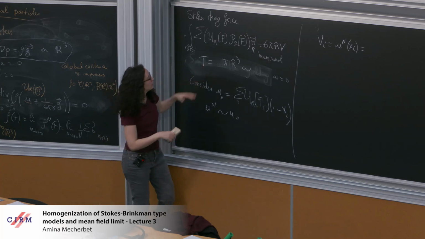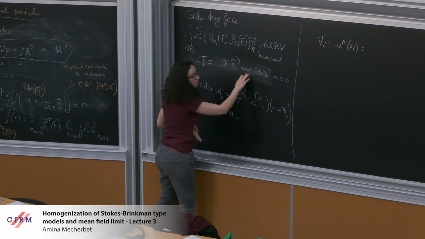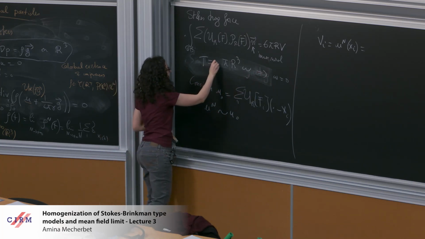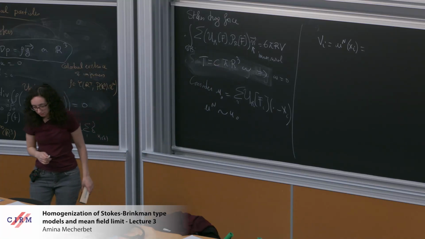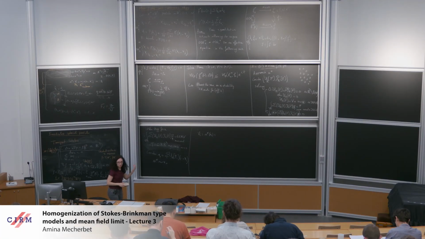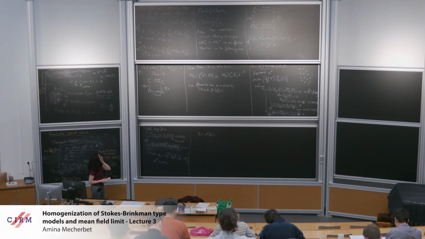But since you know that the torque is 0, you know that omega is 0. So there is a constant here, and you can find it in the first talk. Okay.